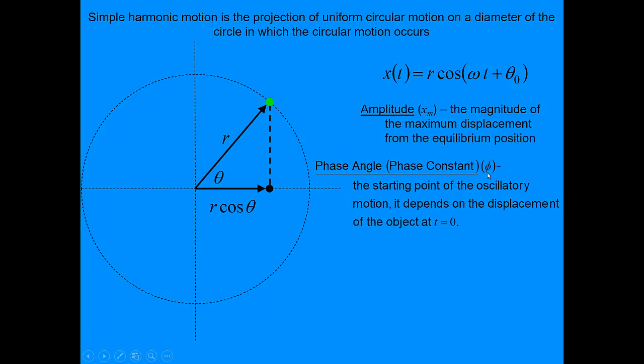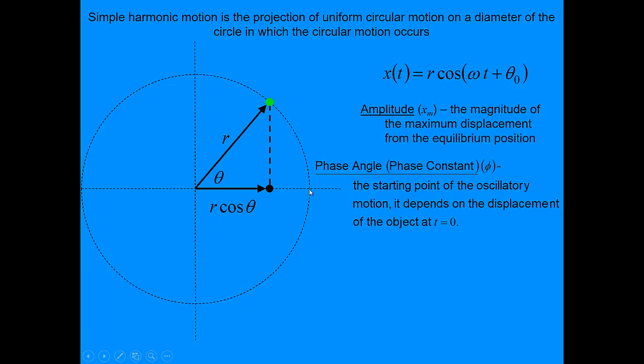It's defined by the Greek letter lowercase phi, a little circle with a slash through it. This is the starting point of the motion. It depends on where it starts from at t equals 0. We tend to think of phi as being 0 when the black dot is at a positive amplitude. So when it starts here, we say that it's starting from 0.